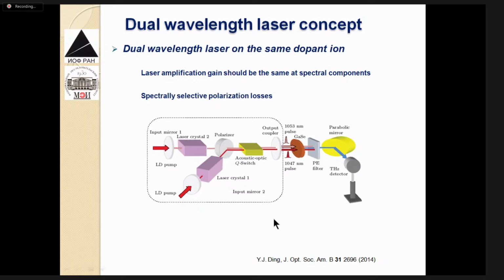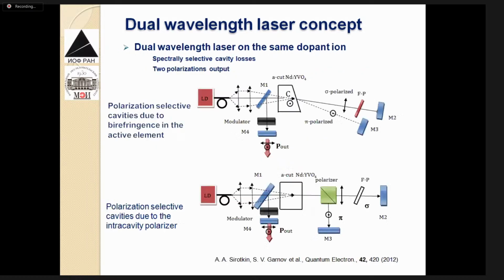Here, for example, is the publication of Dr. Ding with an acousto-optic switch. This is one mirror, and two laser crystals are used, giving different polarizations. Each crystal is energy controlled in order to give a certain inversion, so as to get the same amplification gain for both polarizations.